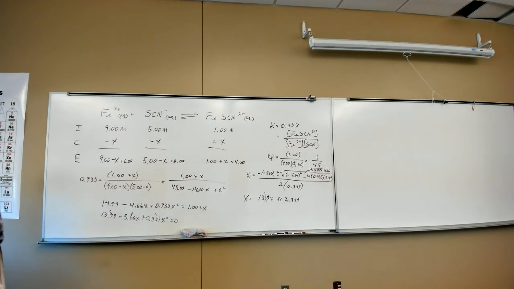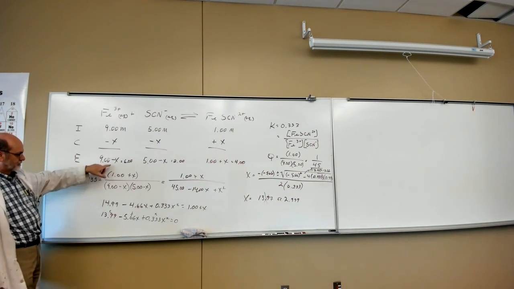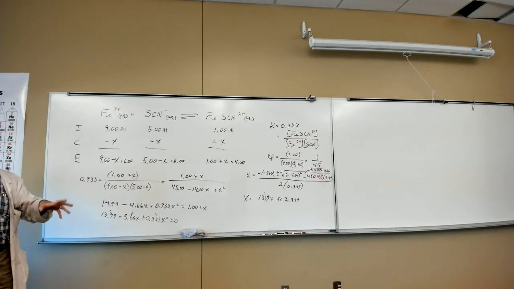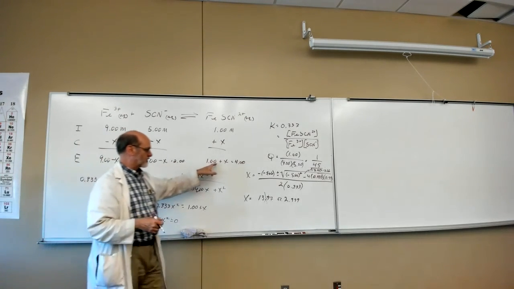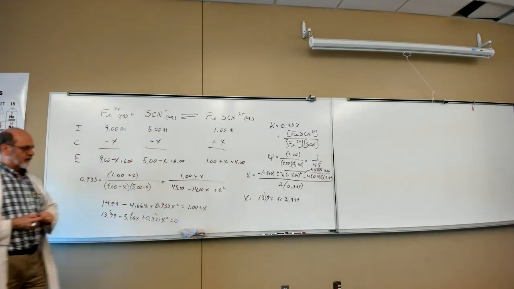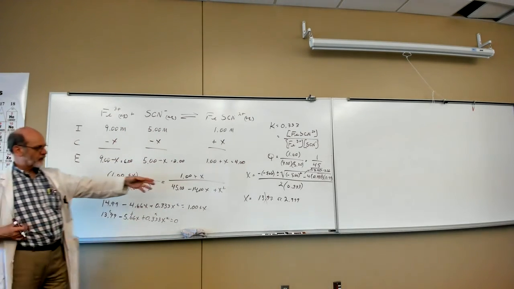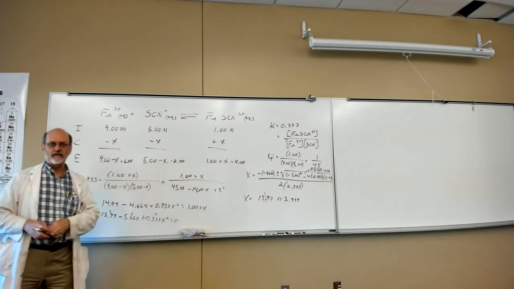Yes, you have to plug that x in here because x is not the answer. x gets you to the answer once you apply it to the equilibrium expressions. I just rounded off to 3, because if we rounded to 2 places, it would be 3.00. There you go.